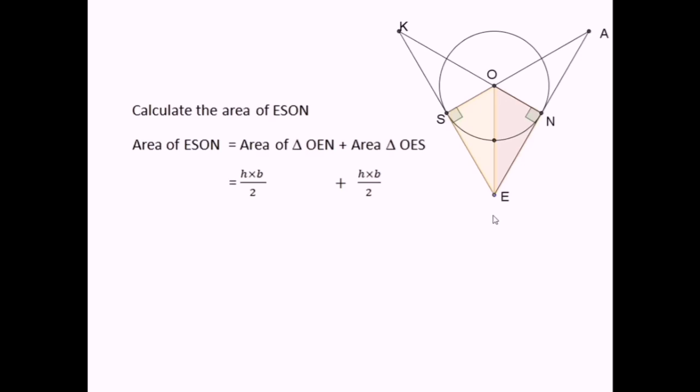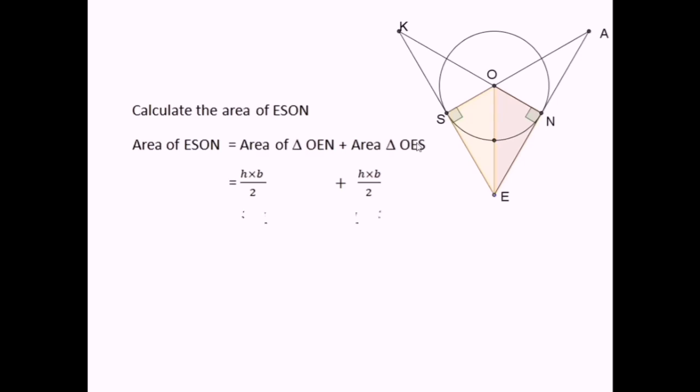And the area of a triangle is equal to height times base over 2. But here, special case, we have a right triangle. So OS can be considered the height and SE can be considered the base. And we can say leg times leg over 2. So no need to get a height issued from the 90 angle.